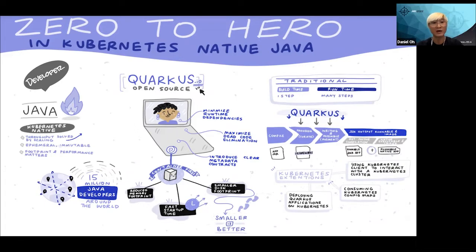And it's not only about building the application as a container and deploying it to Kubernetes, but also Quarkus enables Java developers to integrate Kubernetes features and functionality.